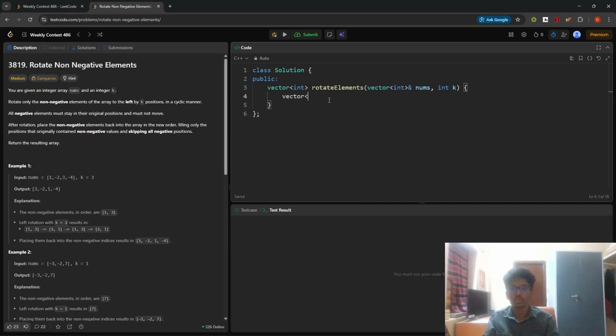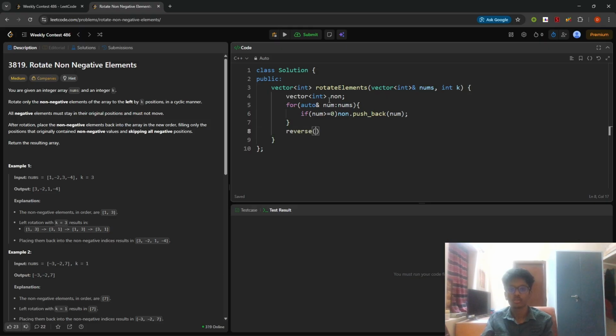Let's take a vector named non. If a particular thing is non-negative, just non dot pushback that particular number. Now we have non full of non-negative numbers, and we need to rotate it by k places, right?